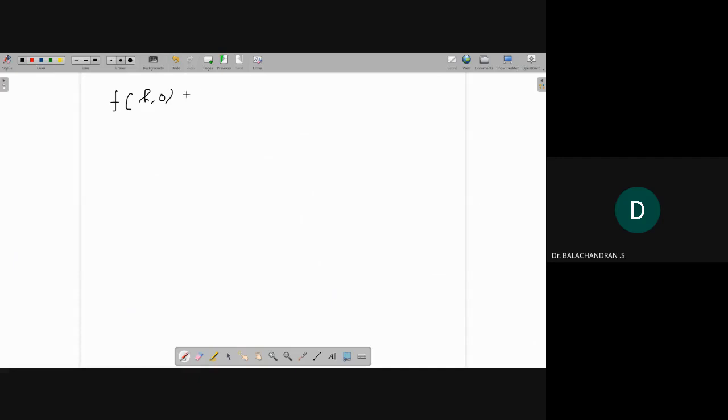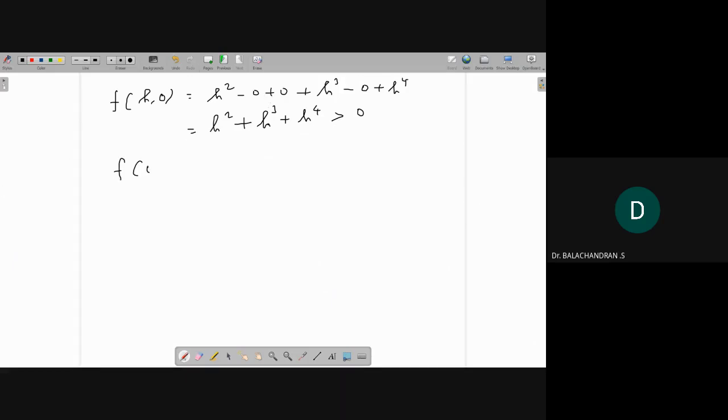So please tell, what is f(h, 0)? h² − 0 + 0 + h³ − 0 + h⁴. This is equal to h² + h³ + h⁴, which is greater than 0.